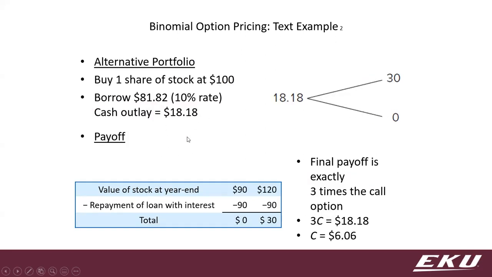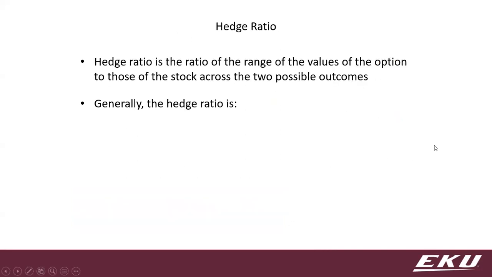Meaning that this cash outlay must be equivalent to 3 times the cost of a particular option, right? And so what you're pricing it based on is whether the stock price will go up or down. If it goes up, it goes to here. If it goes down, it goes down to here. These are my payoffs. And then use that to calculate what it should be.